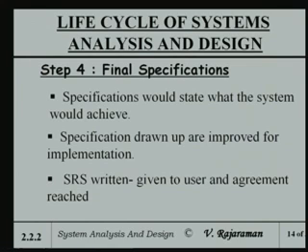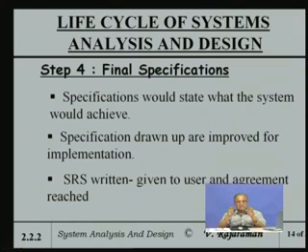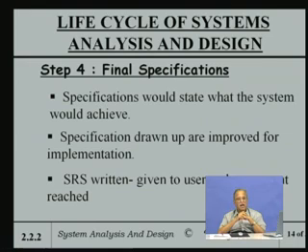The specification will say what the system will achieve, what will be the operations of your organization after the implementation, which will be improved, and what benefits will you get out of this. And you create a SRS document which more or less explains in great detail the system which will be implemented.